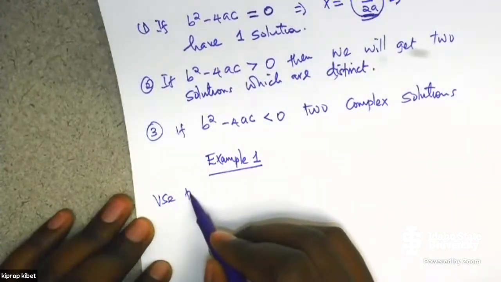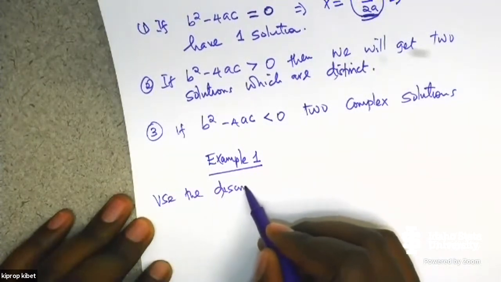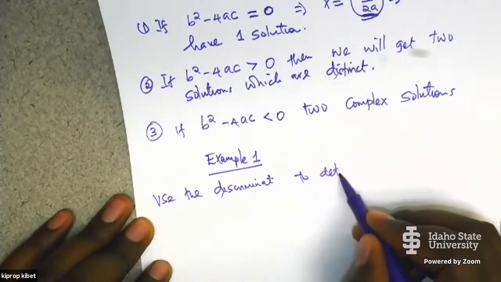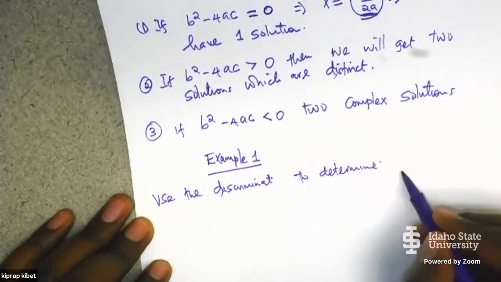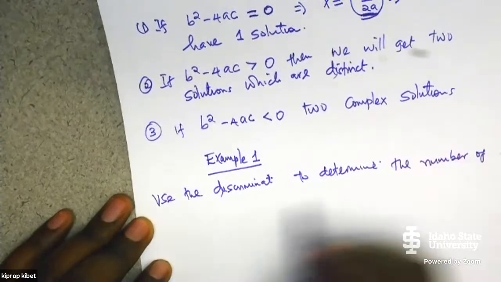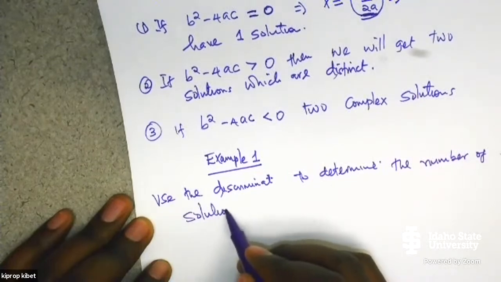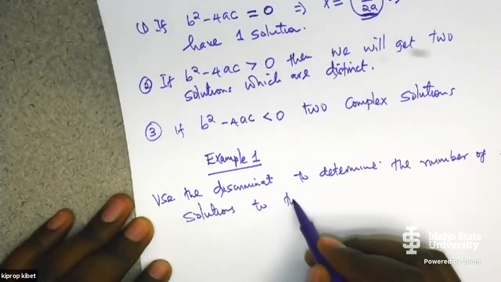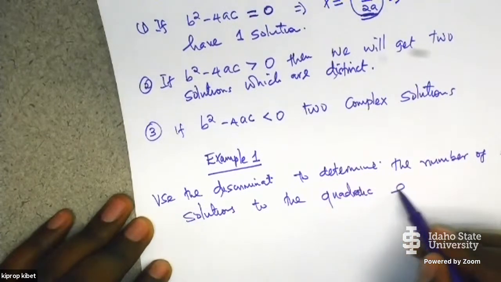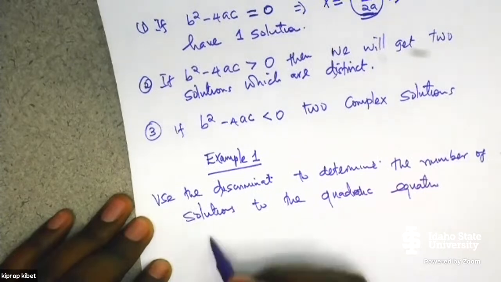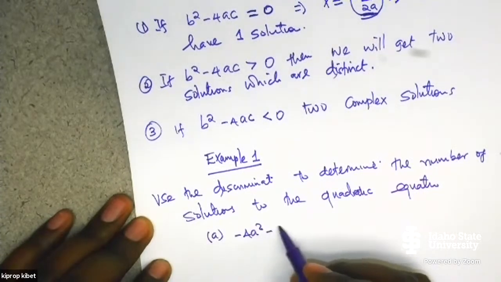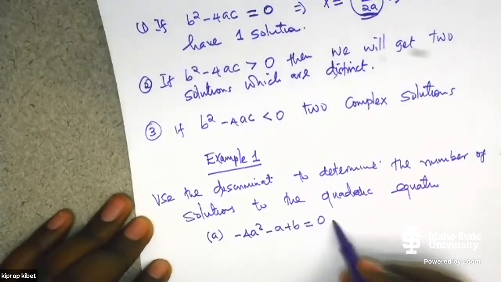Use the discriminant to determine the number of solutions to the quadratic equation: a minus 4a squared minus a plus b equals 0.